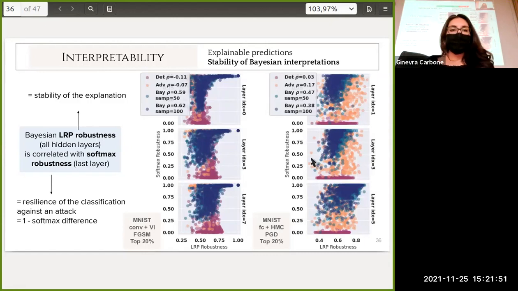What we see in general is that there is a correlation between these two quantities in the Bayesian setting, especially as the number of samples increases, while it doesn't hold for deterministic and adversarially trained neural networks. The Bayesian ones are, as in the previous plots, the blue and green, orange is adversarially trained, pink is deterministic. So this is another interesting finding.